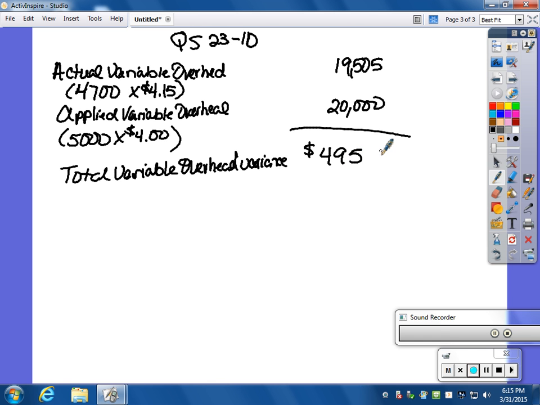Ms. Dallas said favorable. Explain to me why. It's favorable because if your actual is less than the budgeted, it's favorable. If your actual is above the budgeted, it's unfavorable. In this case, actual was 19,505, which is less than 20,000. So that means it's favorable. Okay.